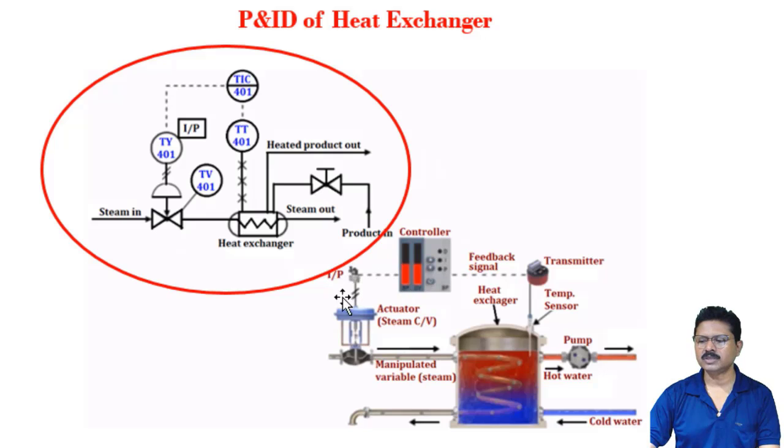The I2P converter gives the signal to the control valve. This is the control valve, and this is the steam flow in, steam flow out. This is the cold water in, cold out. So before the implementation, this type of drawing is done. This drawing is used while the process is implemented, as well as at the time of maintenance, as well as for the different trainings for the engineers and operators.